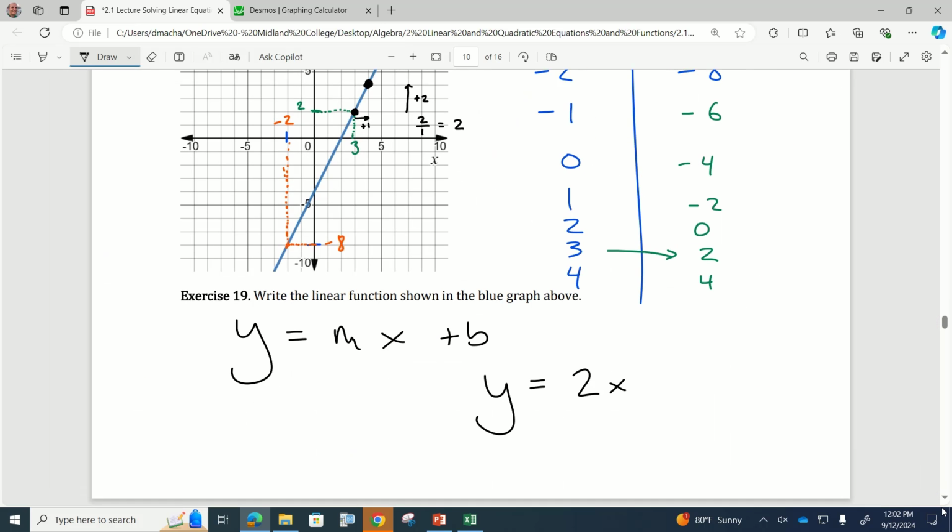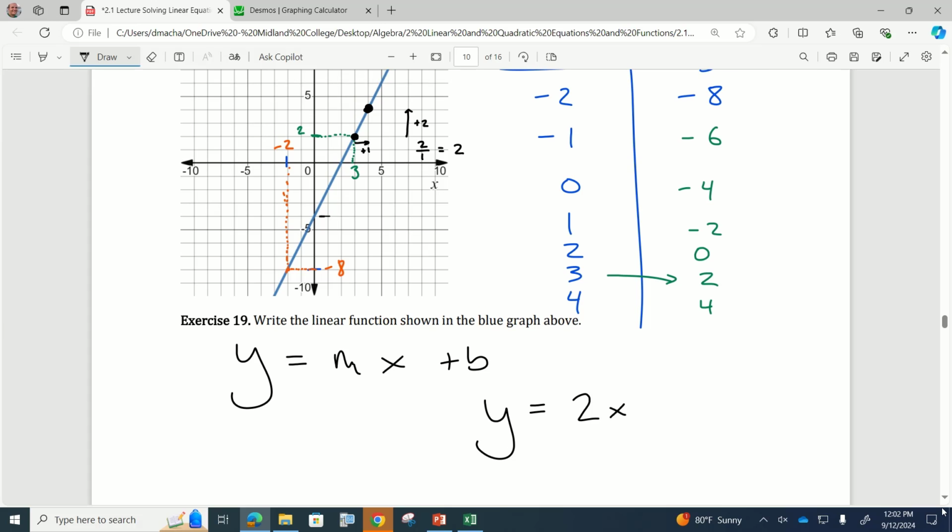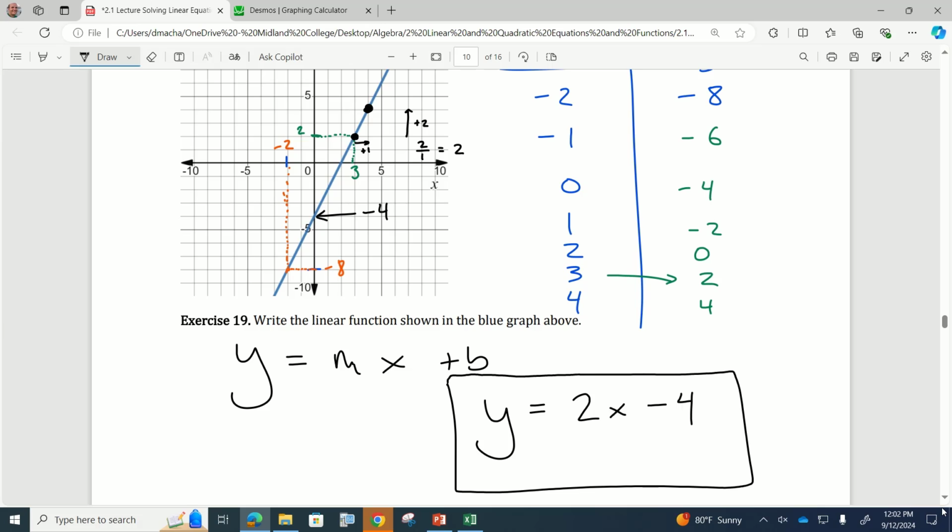So the slope is +2, and what's my y-intercept? Is that 4 or 5? It's -4. So my y-intercept, where my line passes through the vertical y-axis, that happens when y is -4. And that's how we get our written out linear function.